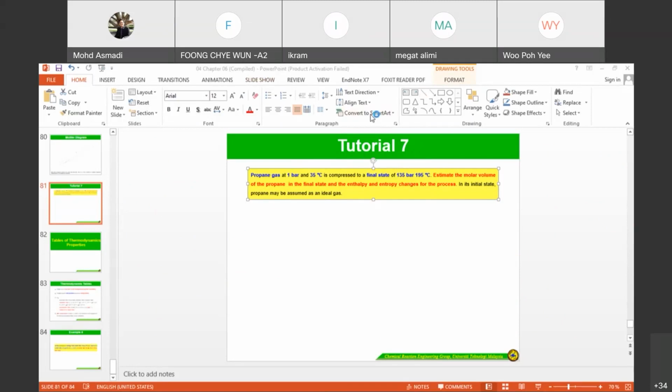HR equals HR naught plus omega HR prime.